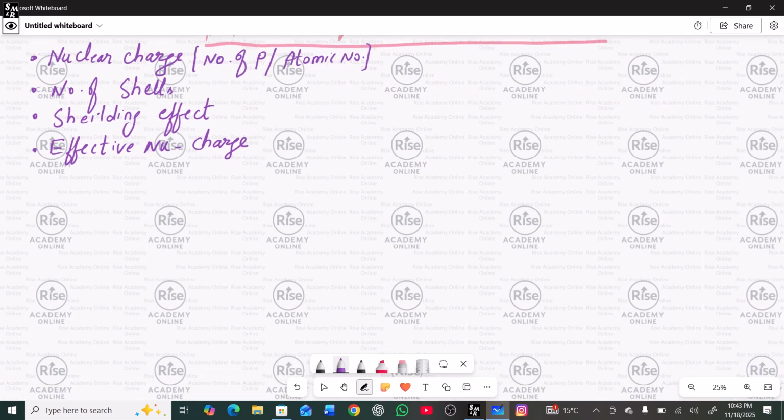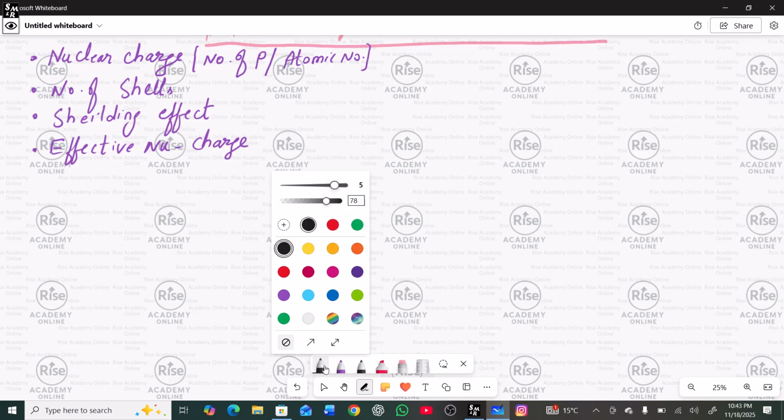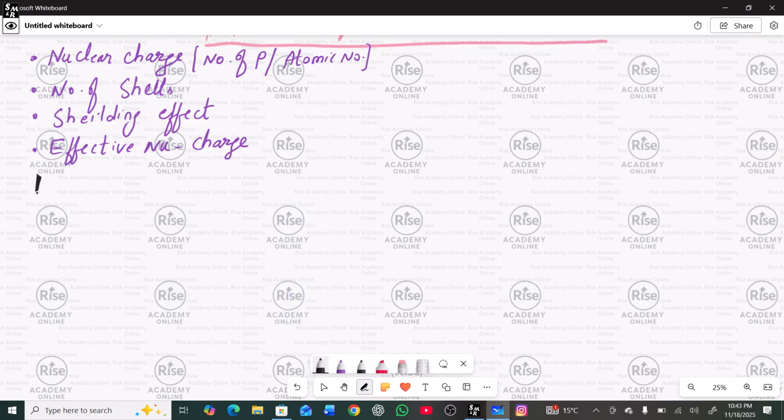Now we will discuss the variation of these factors in the periodic table, and then the variation of atomic size. In moving from left to right in a period of the periodic table, what is the variation of these factors?